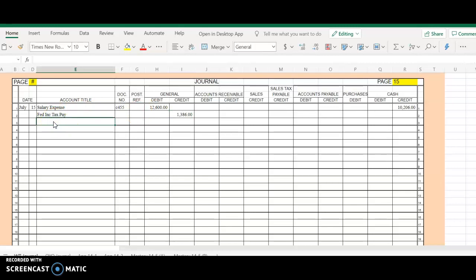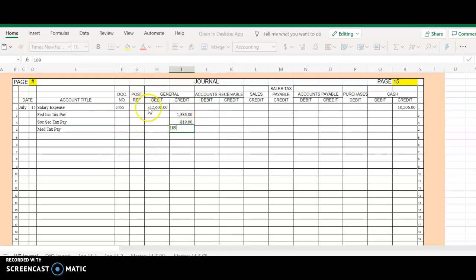The next is the Social Security tax payable. We match these dollars, so whatever our employees pay, we basically match what they pay. And the last one is Medicare tax payable. Again, another one that we match, and that's how it works. Half the employee pays, half we pay.